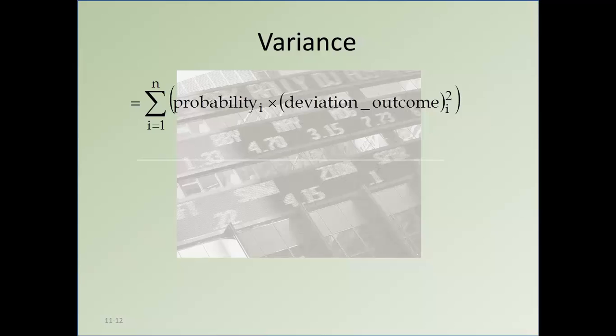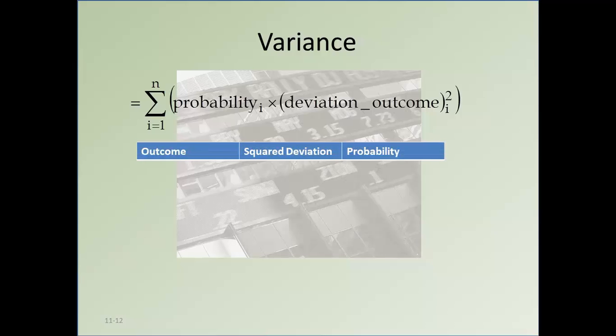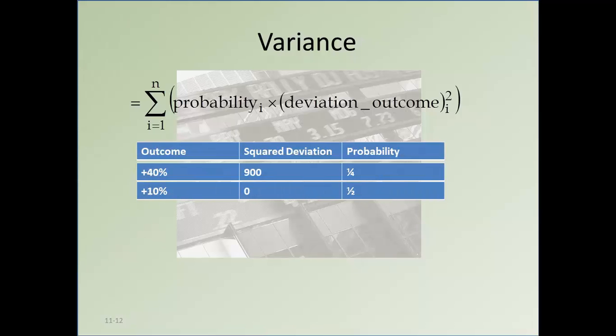Now we will give this formula a meaning like this. The outcome is 40%, the squared deviation is 900, the probability is 1 by 4. The second outcome is 10%, the squared deviation is 0, and the probability is half. The third outcome is minus 20%, its squared deviation too is 900, and its probability is 1 by 4.